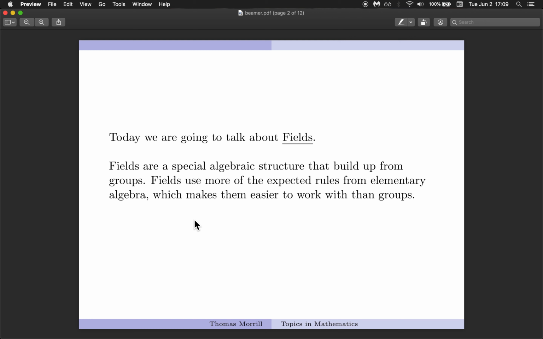Groups are kind of this strange idea of, okay, I've got some kind of operation, but it might not even be abelian, right? We saw some strange groups like the dihedral groups, where the order that you take different elements in changes the result you get after combining them. So fields have more of this familiar structure, which makes them nice to work with. Let's go through the technical definition, and then I'll give you some examples we can look at.